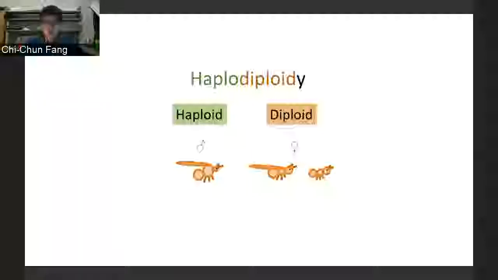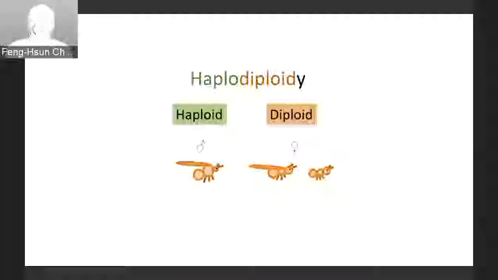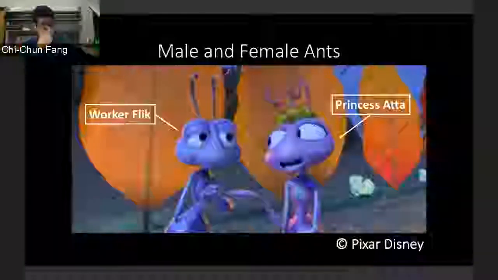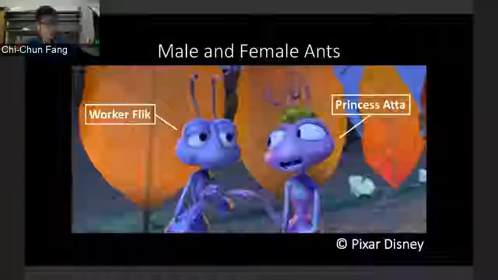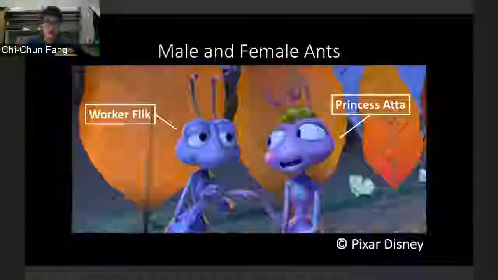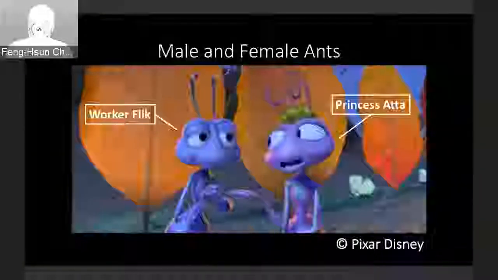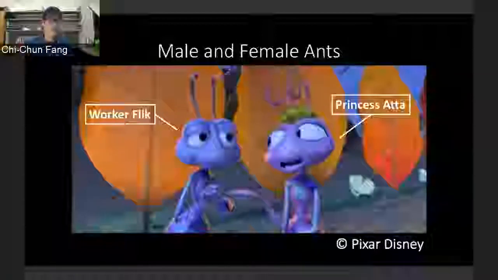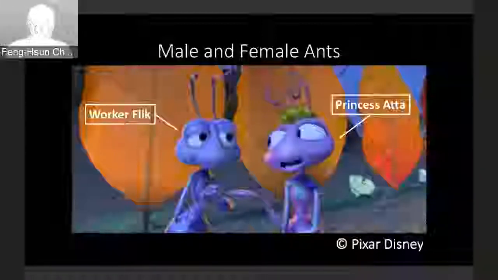As I mentioned, Disney influenced me a lot since my childhood, but sometimes they make mistakes. This is a clip from A Bug's Life by Pixar Disney. The left-hand side is supposed to be a male worker in that movie.